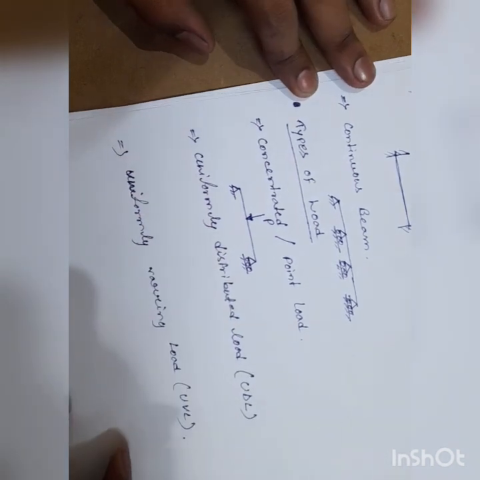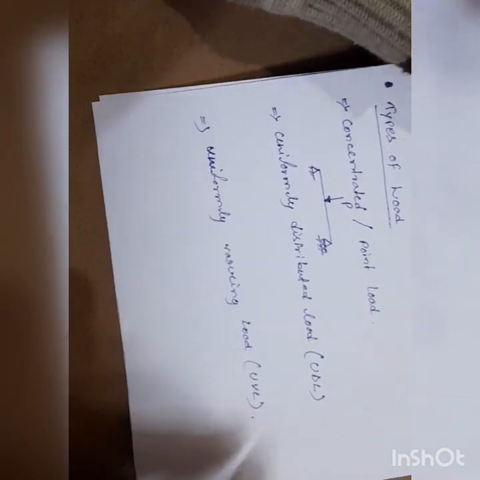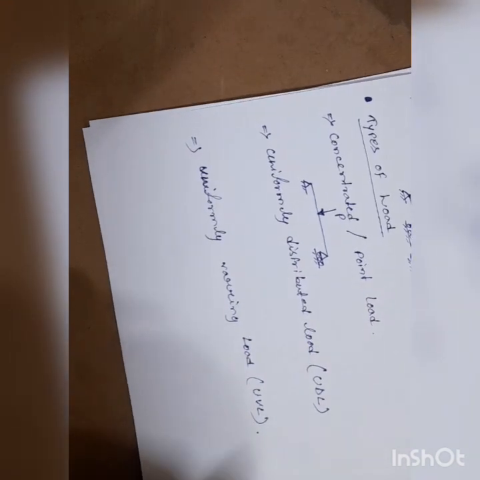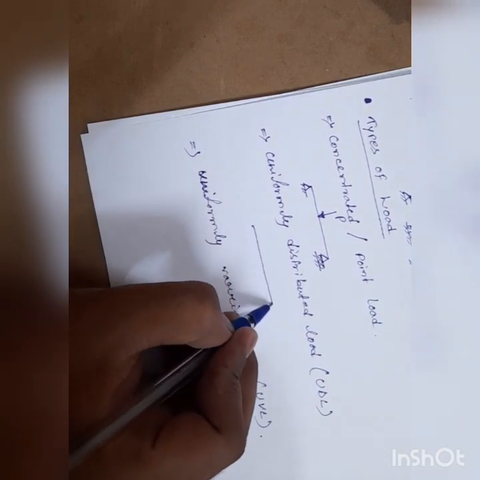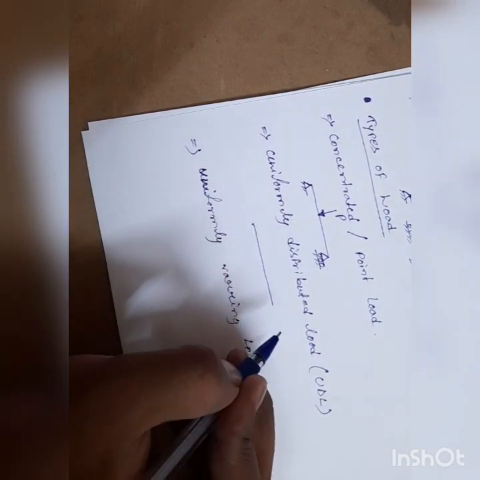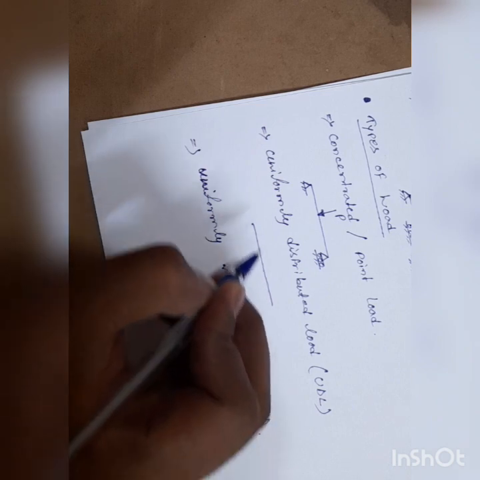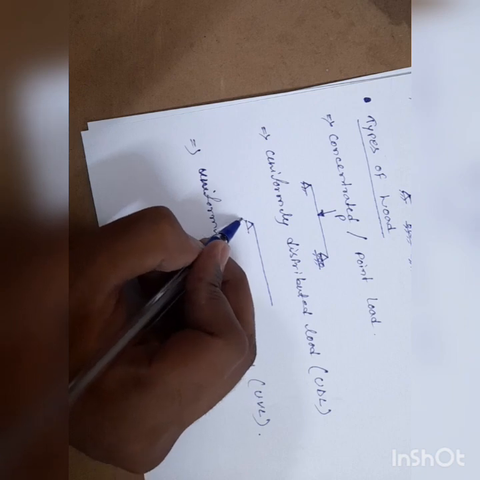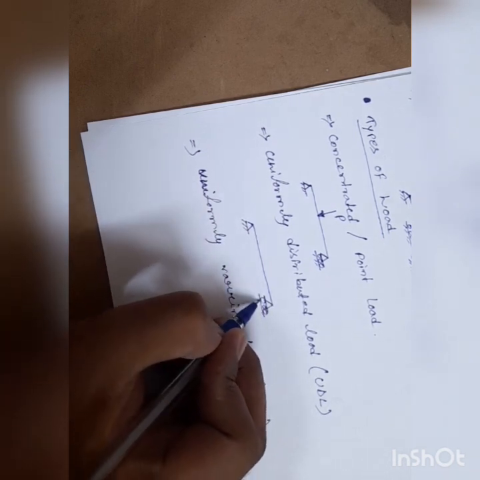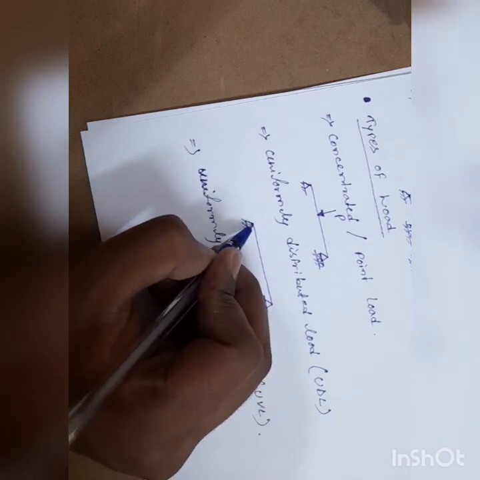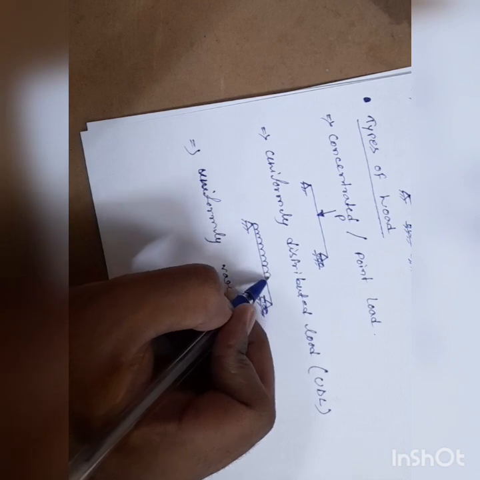Okay. Now for uniformly distributed load, or it is known as UDL, the load is distributed uniformly over the entire length or a specified length of the member. Here we are taking the entire length, it is denoted like that.